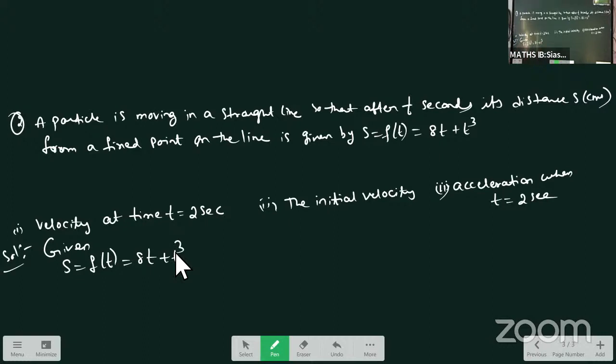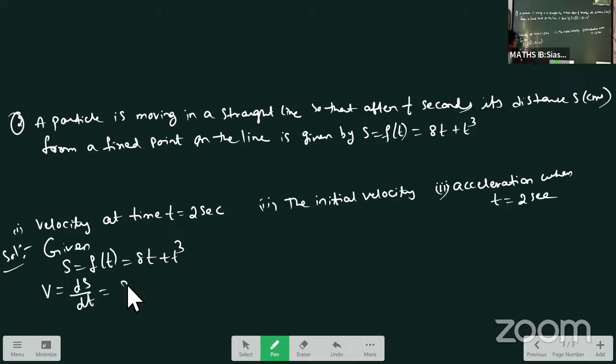Just the equation is given, and the distance s and time t are connected by the relation. Immediately first find out what? Velocity. First, velocity v is equal to ds by dt.